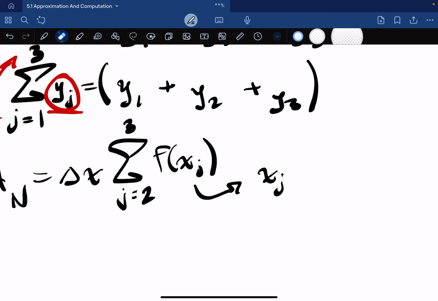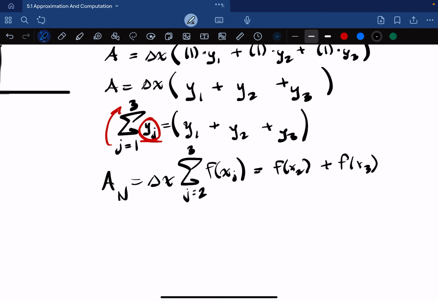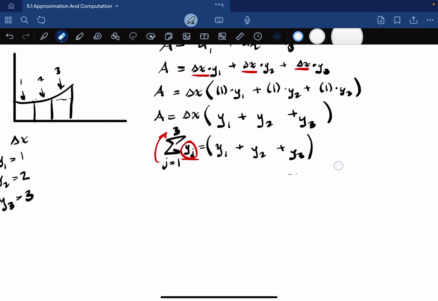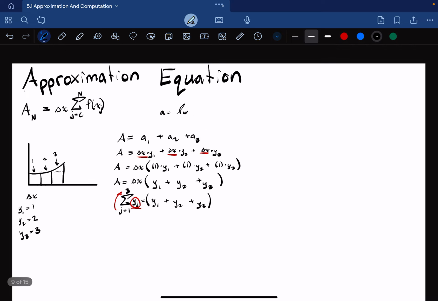What would this mean? Well, it simply means that this overall thing just turns into f of x2 plus f of x3. That is all this means. It's a very simple thing. And if you guys still have questions on how the summation formula works, I will link a video down below that properly goes through summations and explains how to do them. I just don't have the time because this video is focused on approximation.